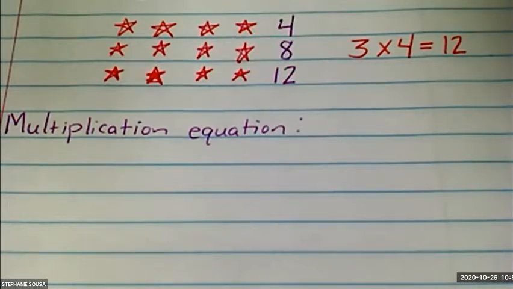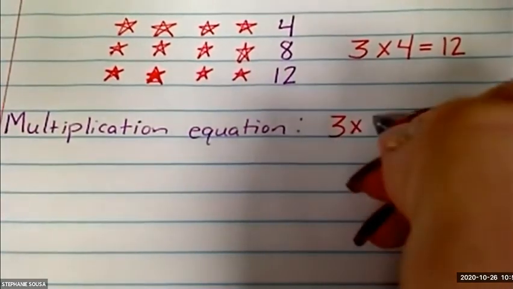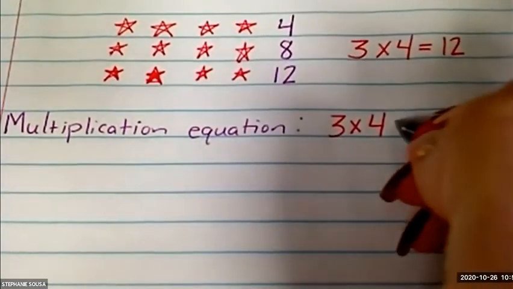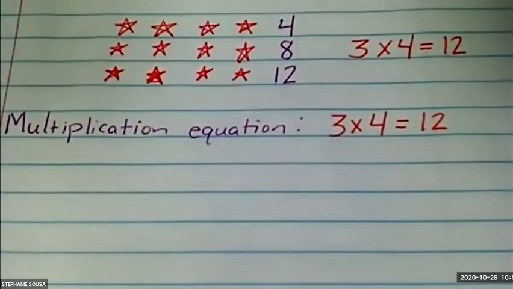I know that's a long phrase, so I'll give you a moment to write it down. The multiplication equation, as we just said, is exactly what we wrote. There is a multiplication sign and there is an equals sign. Multiplication equation. So we're just labeling what it is that we created.